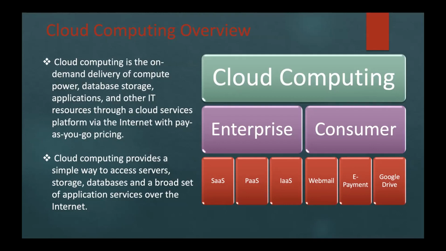So let's suppose you want to build an application. In order to develop an application, you would require a lot of resources. You would require the infrastructure. You would require some instances like a Linux machine or a Windows machine. On top of that, you would require the operating system installed. You would require storage like 500 GB or 1 TB depending on your application.